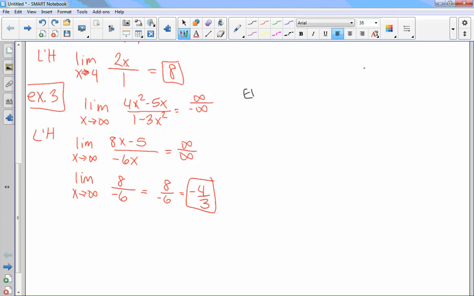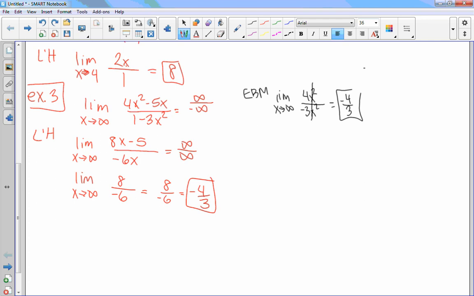End behavior model works with limits as x goes to the infinities. You can take the highest power of 4x squared over negative 3x squared. The x squareds cancel out, and we get negative 4/3. So in this case, that was actually the faster route. But we can show you with L'Hopital's rule, doing it again, you still get the same answer. Okay?